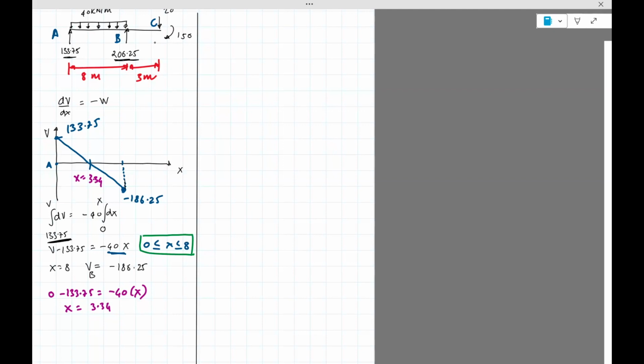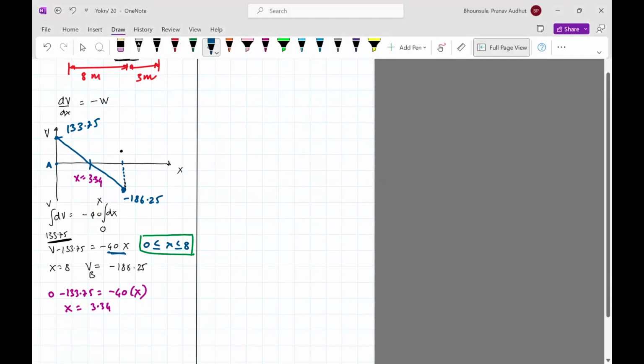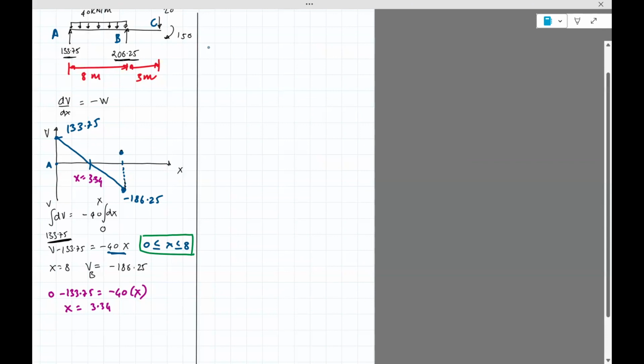That gives 20. Thereafter, from B to C, it remains 20 till we reach C, where there's a force acting downwards, which gets it back to 0.